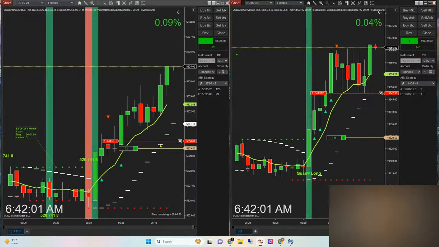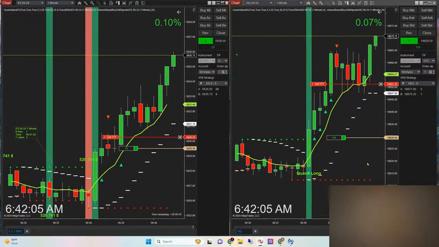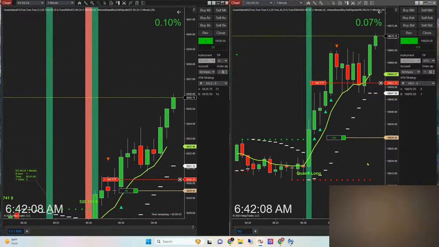There we go. Start now moving ES now, second dot now. There you go, NQ, nice trade NQ.